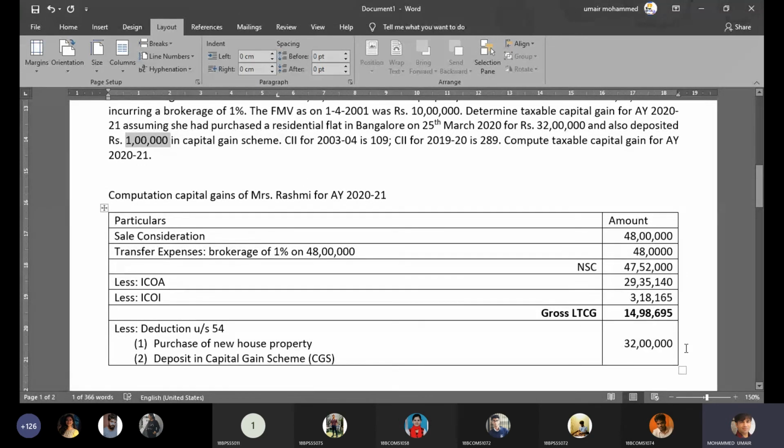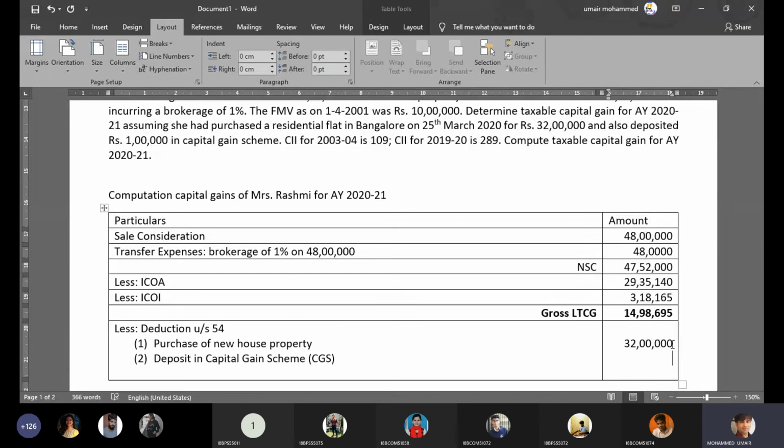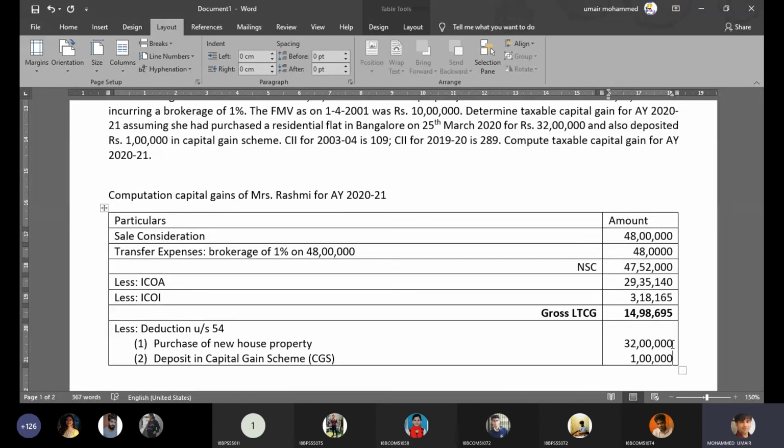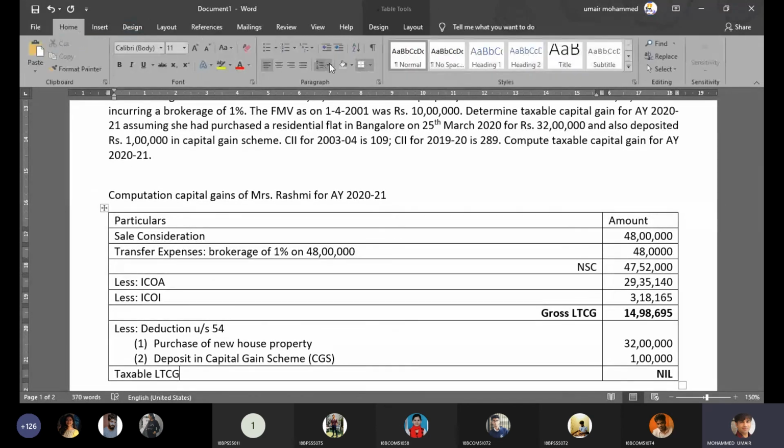So 1 lakh is what she has deposited. So these two things need to be deducted from gross capital gain. So once you deduct these two things, the taxable long-term capital gain will be nil. That's what I said. Don't end up writing a negative amount there.